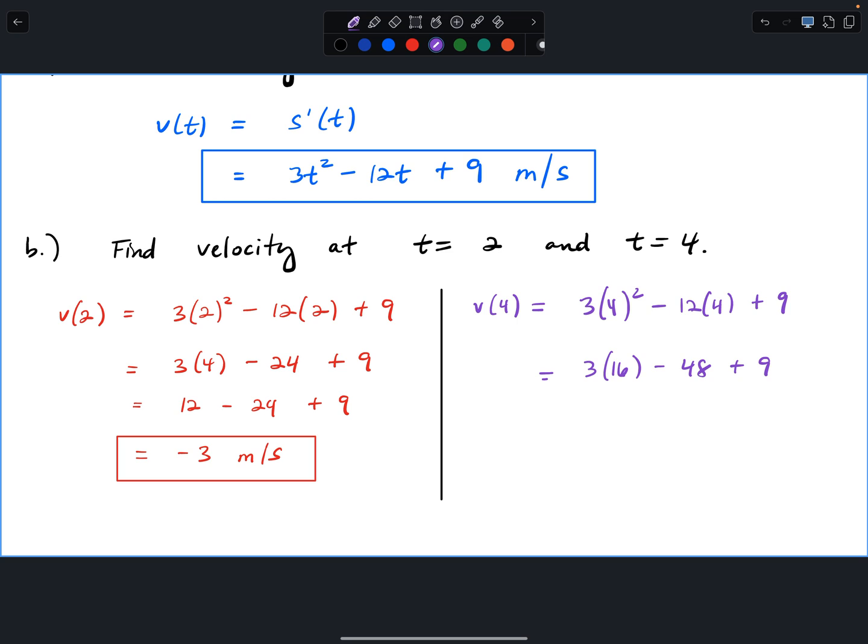What's 3 times 16? Oh my goodness. What happens to the 48s? Hey, what is this? 9. Don't forget your units. Meters per second.